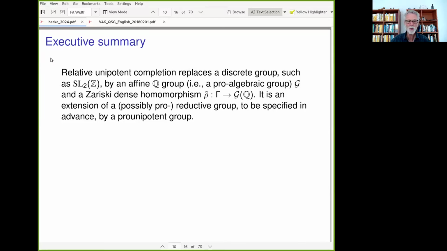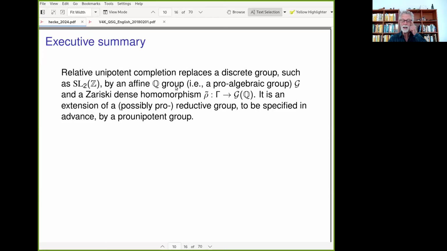So anyway, what we're going to do is replace our discrete group SL2Z by an affine group, together with a Zariski dense homomorphism from our discrete group into the Q-rational points of the group. And the group is an extension of, I'll say, a pro-reductive group, that would be an inverse limit of reductive groups.